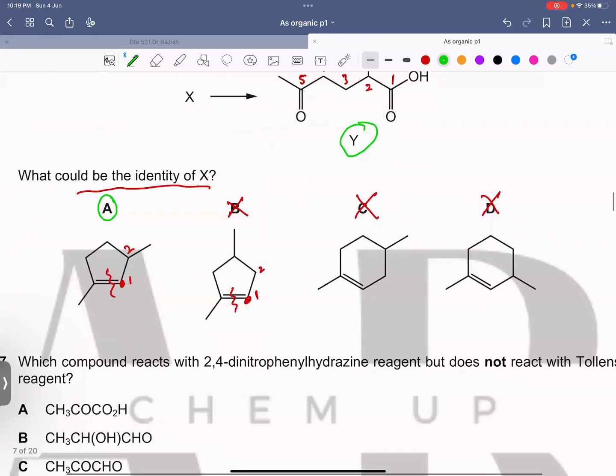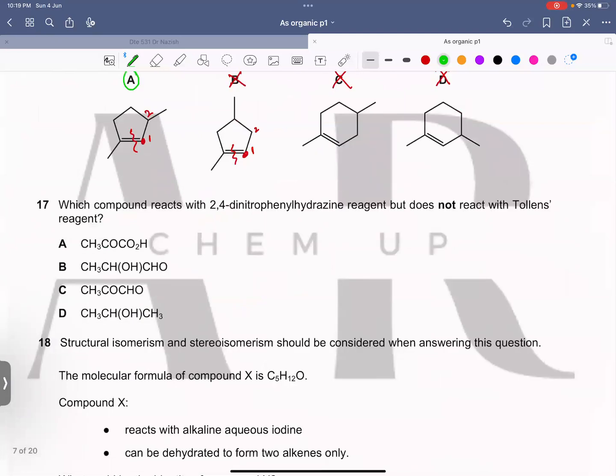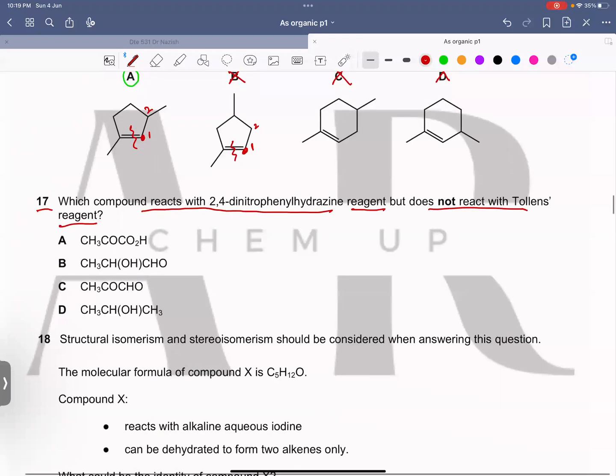Okay, now question number 17. Which compound reacts with 2,4-dinitrophenylhydrazine reagent but does not react with Tollens reagent?